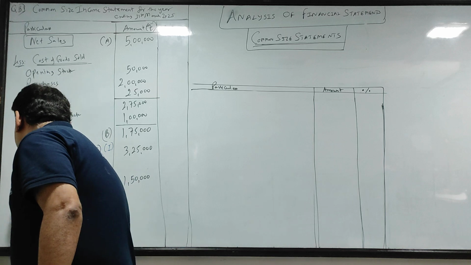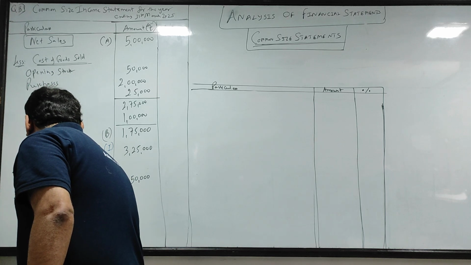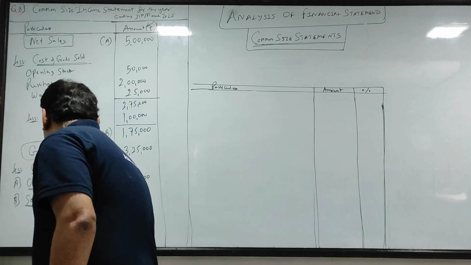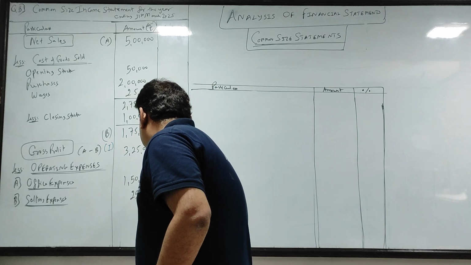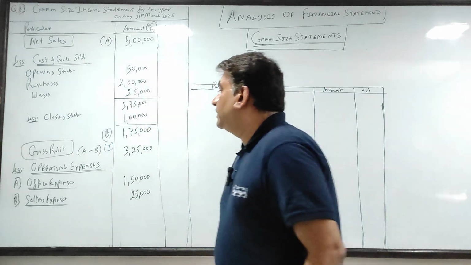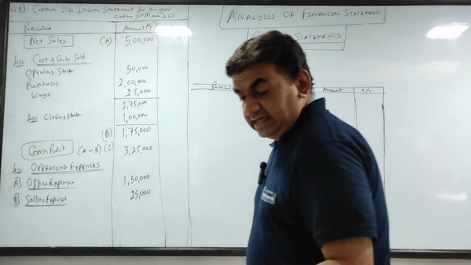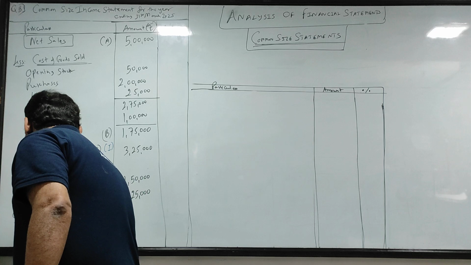Then we have B, selling and distribution expenses. They have given you selling expenses. So write there B, selling expenses, that is 25,000. And then you have C, finance expenses, 10,000.